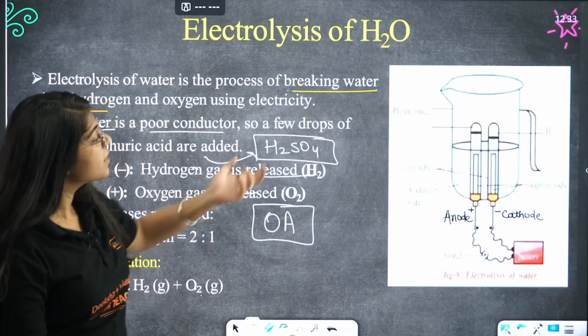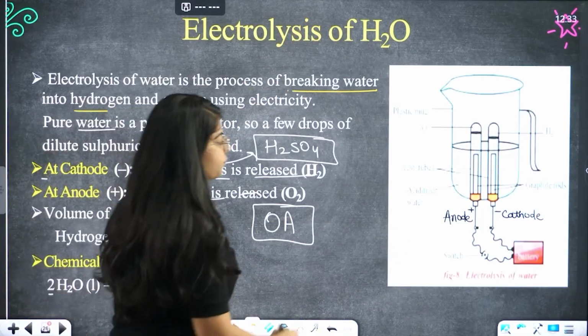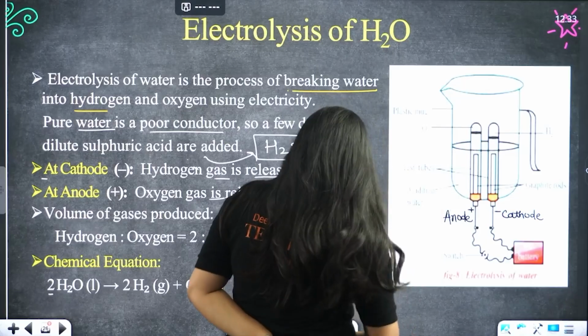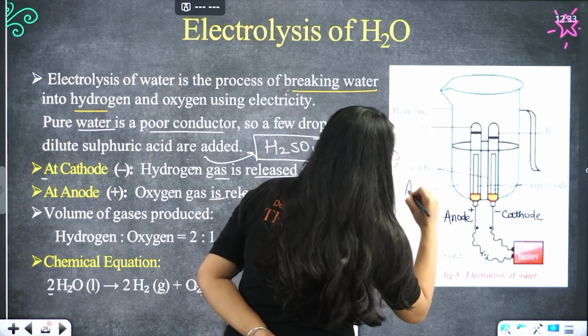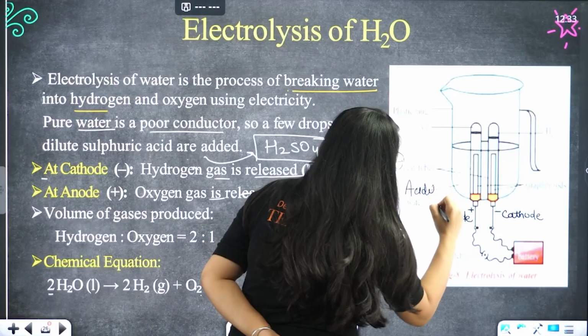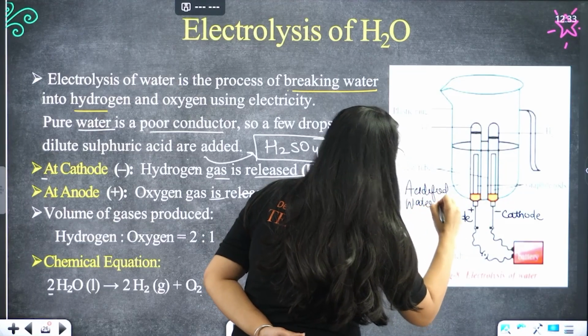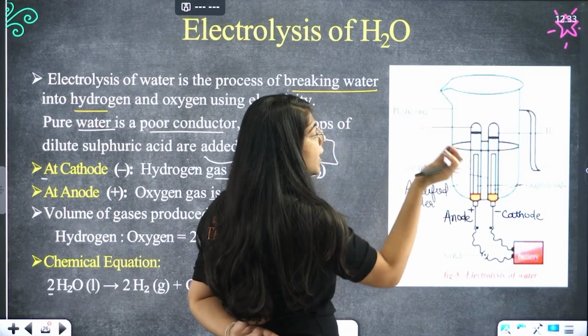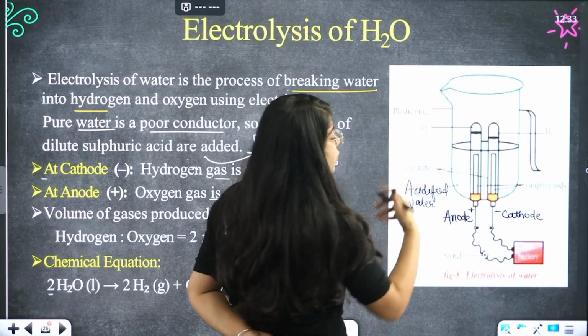Done. And this diagram is also very important, so make sure you make it. Let me write it down. This is acidified water. Why? Because water is a poor conductor of electricity, so we add a little bit of dilute sulfuric acid.